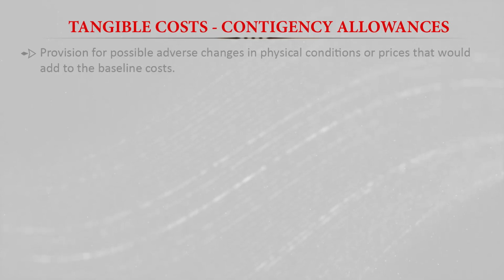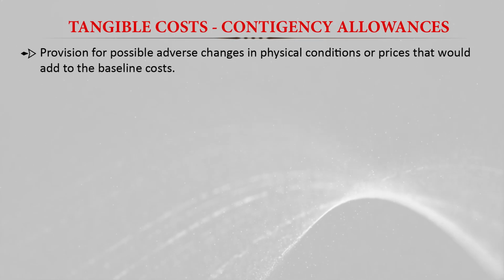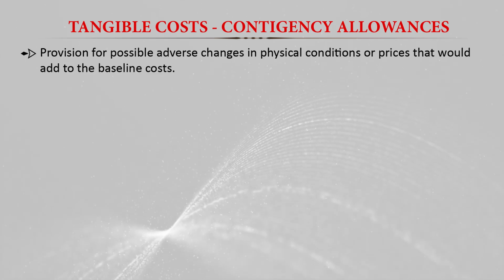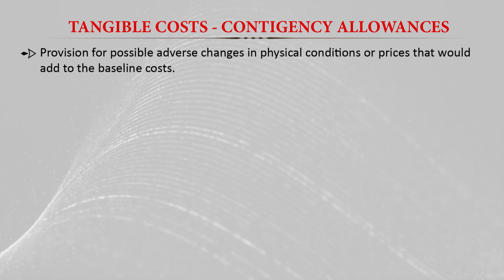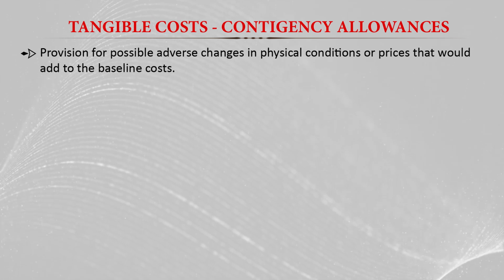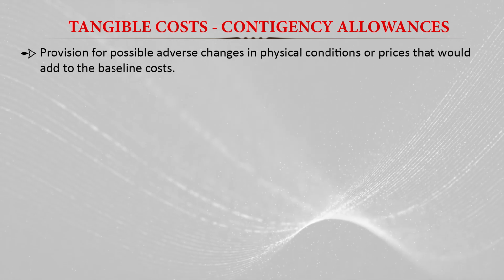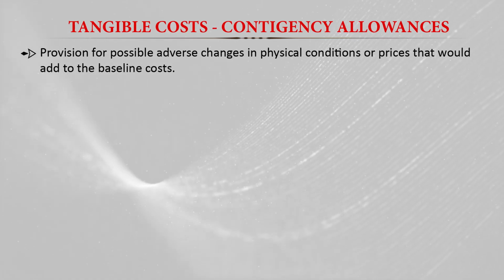So it is a special provision for possible adverse changes in the physical condition or prices that would add to the baseline cost. Here we make some special provision for the adverse changes which may arise when we implement the project in the field. So for that some provision is made, that is called contingency allowances.